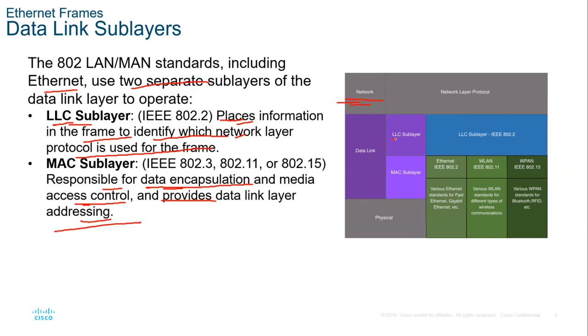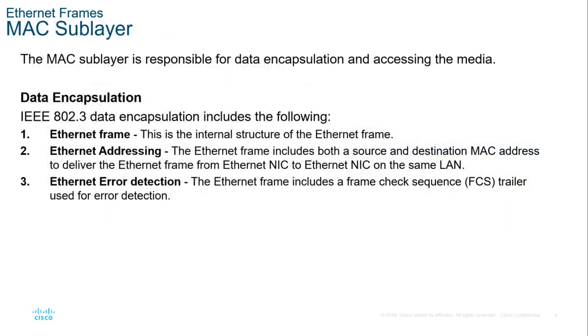The logical link control is responsible for identifying whether it is IPv4 or IPv6. Then the MAC sublayer is responsible for encapsulation, wrapping the packet by adding the MAC address, that is the frame header, and then a trailer, and together they control the access.